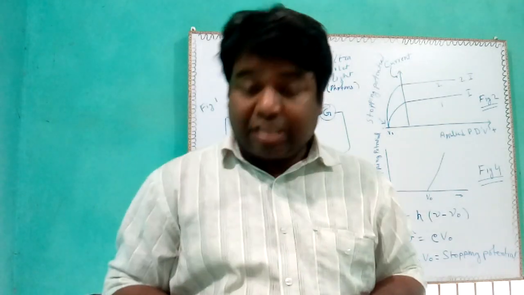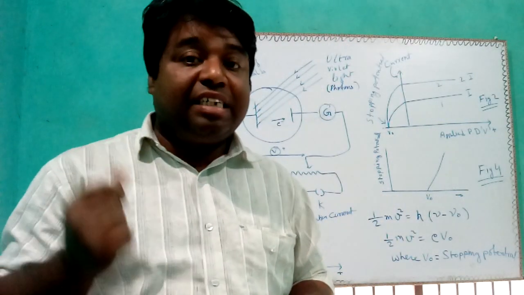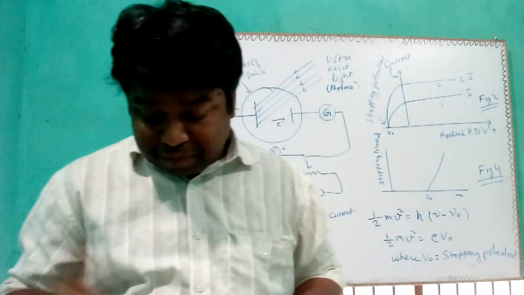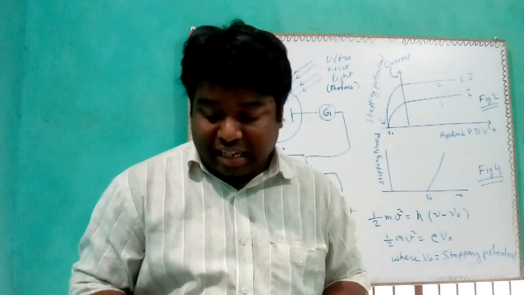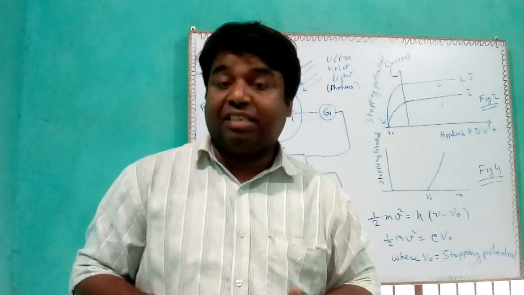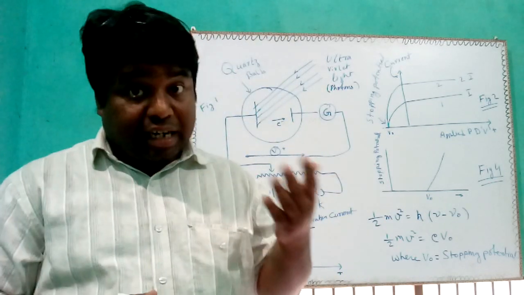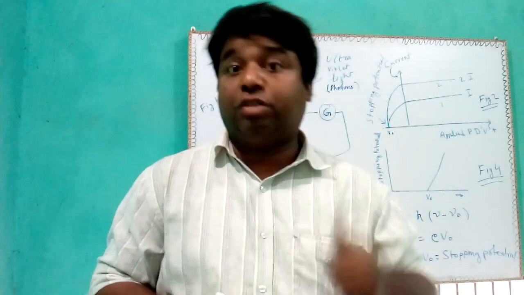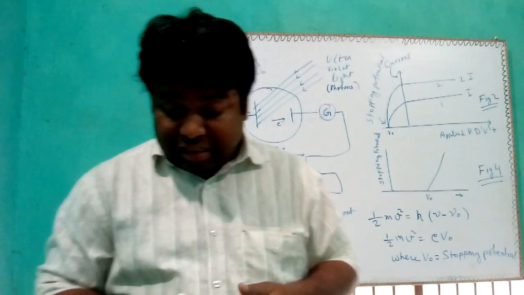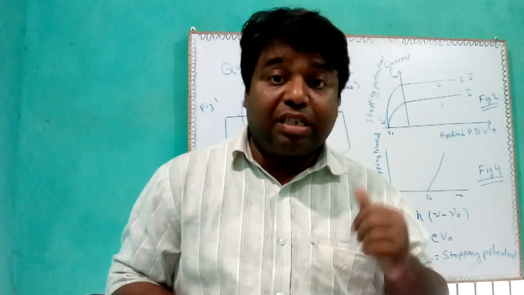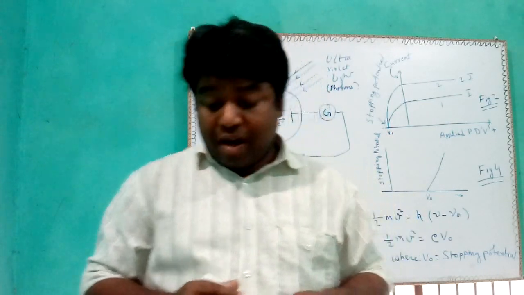So, in concise, the photoelectric effect is giving us the following factors. Number 1, it is dependent on the potential difference. Number 2, photocurrent is dependent on the intensity of the photons. Third, it is also dependent on the frequency of the photons.